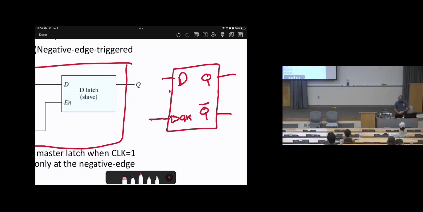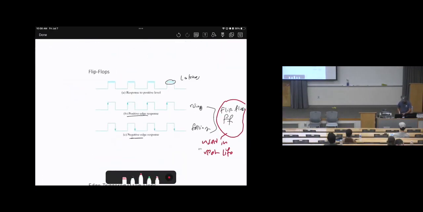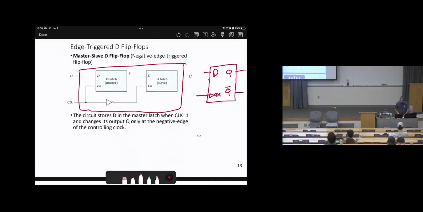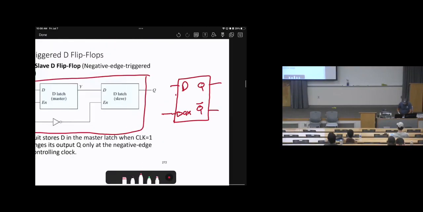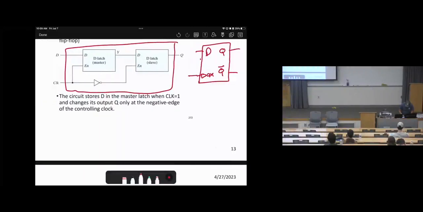I mentioned the flip-flop can be either rising edge or falling edge. The default is rising edge, while if it is falling edge, there should be a bubble. Let me write these two representations.